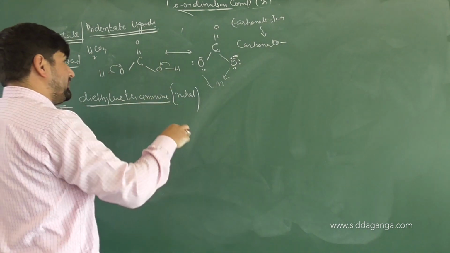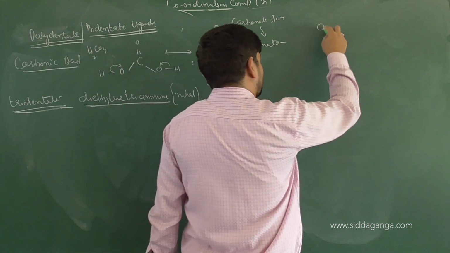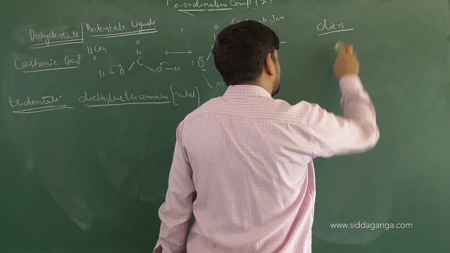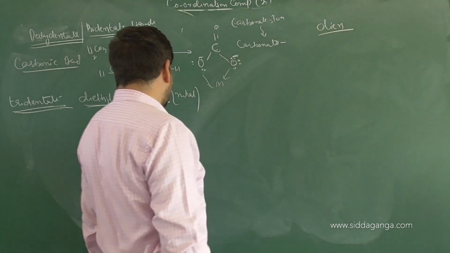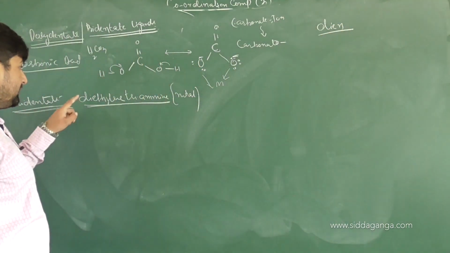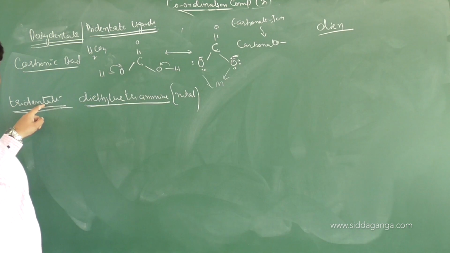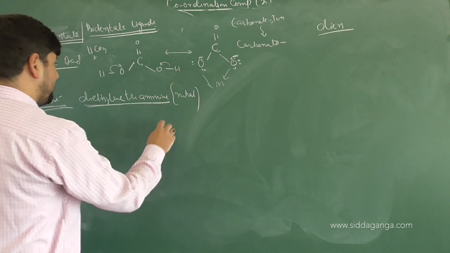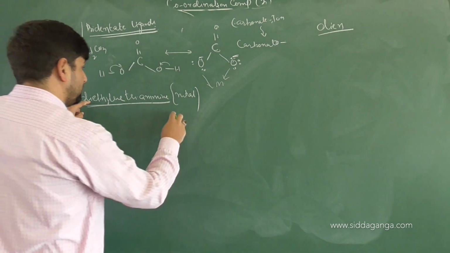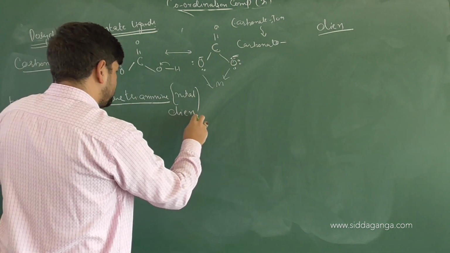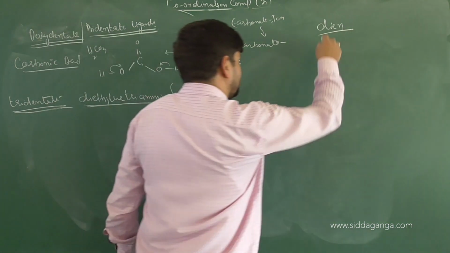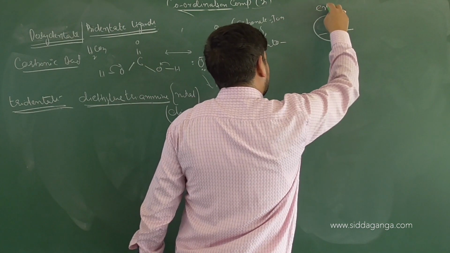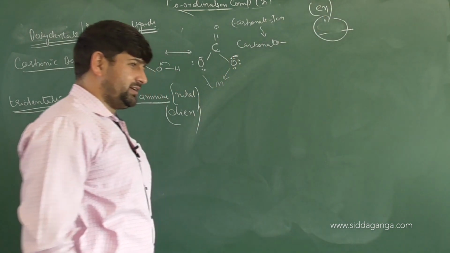A while earlier I mentioned diene, diethylene or ethylene diamine. Now this is triene. It is a tridentate ligand. Diethylene triamine, so we call that as triene. It is diene. What is it? Diene. A while earlier we used en. What is en? Ethylene diamine.